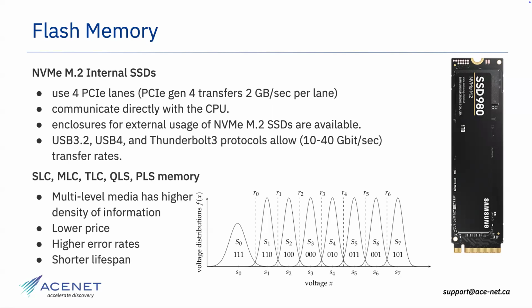Currently, an NVMe interface can use up to 4 PCI Express lanes for a theoretical maximum transfer rate of 8 gigabytes per second over PCI generation 4. On PCI generation 5, which is already available on some high-end motherboards, the transfer speed will be doubled.